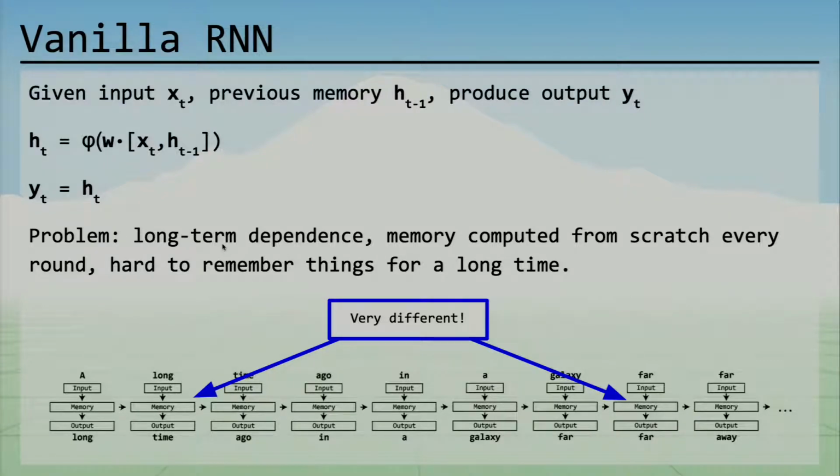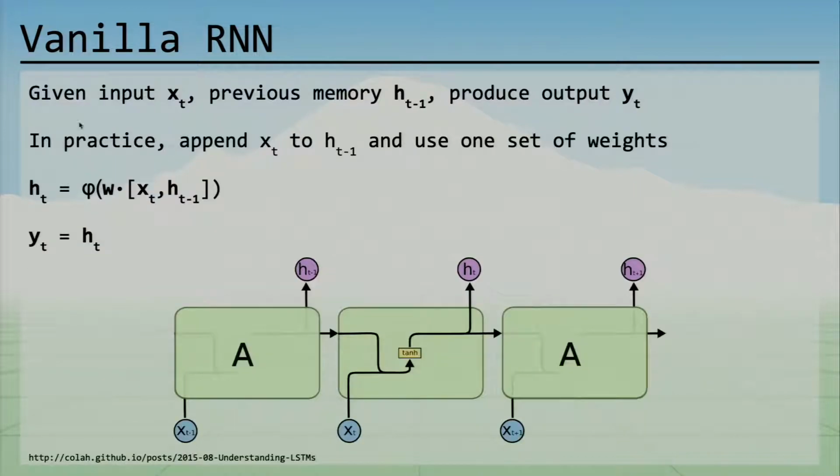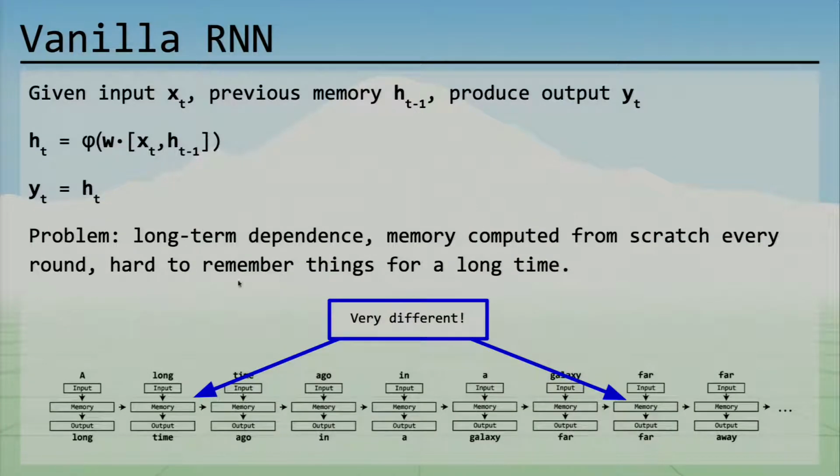One problem with this is the idea of having a long-term dependence in the sequence of data that we're processing. At every time step, we're basically completely regenerating the internal state of our network. We come up with a whole new internal memory from scratch by multiplying our previous state and input by some weights and then applying some activation function.